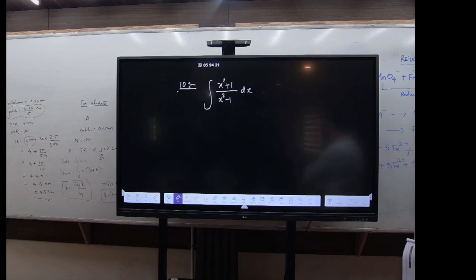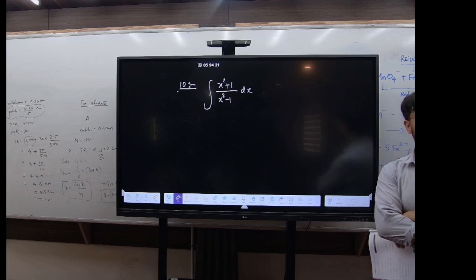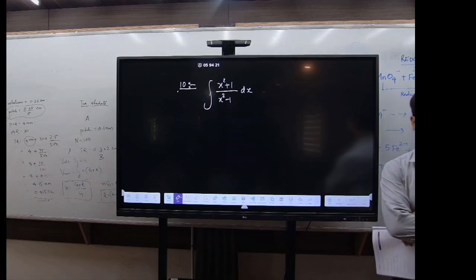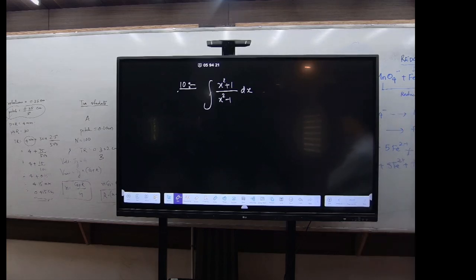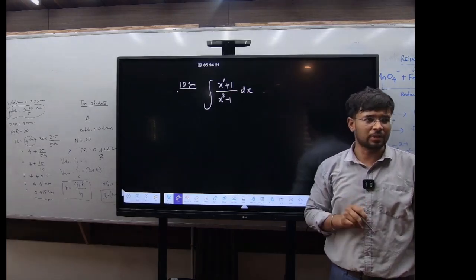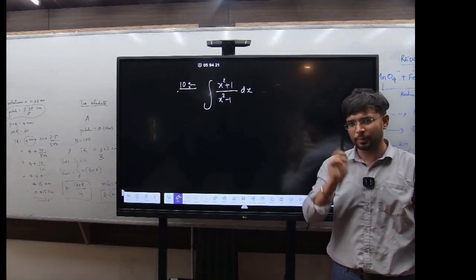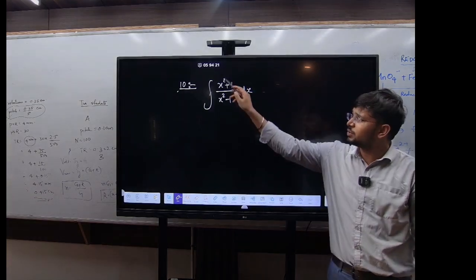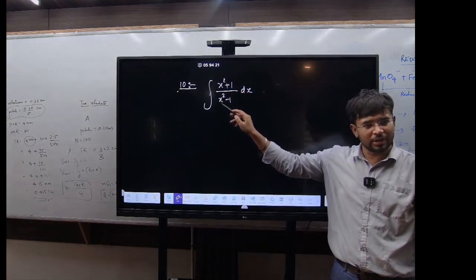Now, see, this is again a good question. Remember, in integration questions, whenever this is a polynomial divided by a polynomial, what is the degree of numerator and denominator?